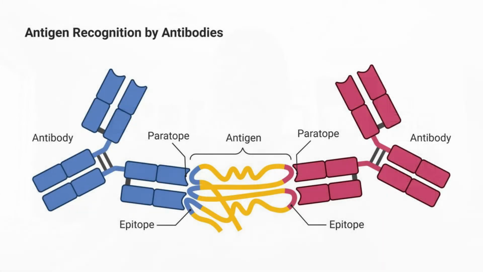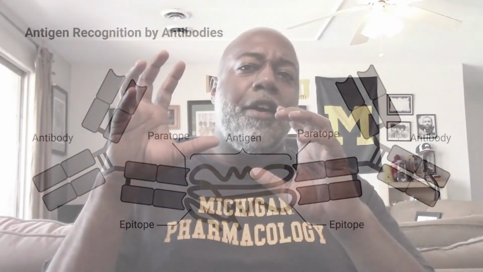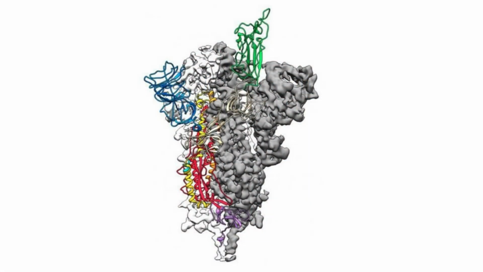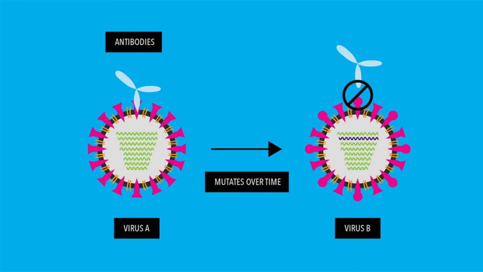So you could get resistance to the medication because the epitope that the antibody once recognized has changed. So the antibody is looking around and it can't find that epitope because the epitope changed. But you could, in theory, also get a mutation causing the structure of the protein to change, so that the epitope is now buried within that protein structure, and the antibody once again can't find it.